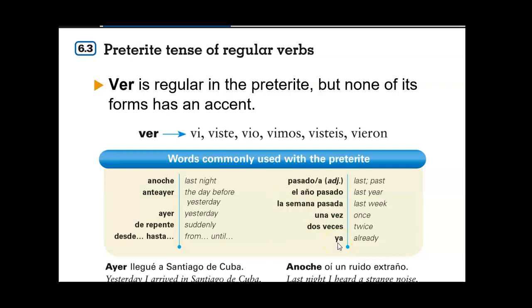I would write these down because whenever we start the imperfect, there's going to be a lesson where you have to compare the preterite versus the imperfect. If you can memorize these keywords, it will definitely help you. So I would add those to that extra page I left for you.